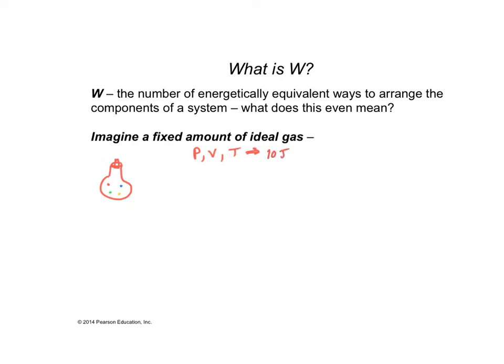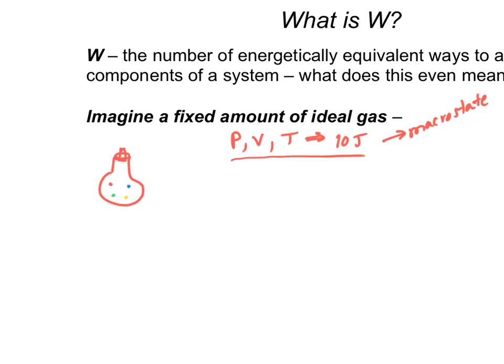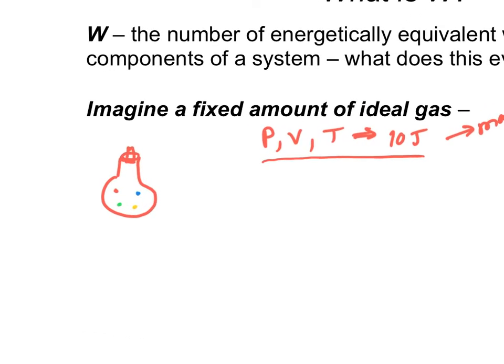So these conditions define what we call the macro state of the system, okay? So overall, this macro state, total energy of our little ideal gas is 10 joules. Now when we peek down into our gas, we have our macro state, which is again defined by the conditions of the system. Does that mean that every little gas particle in our system has the same energy?